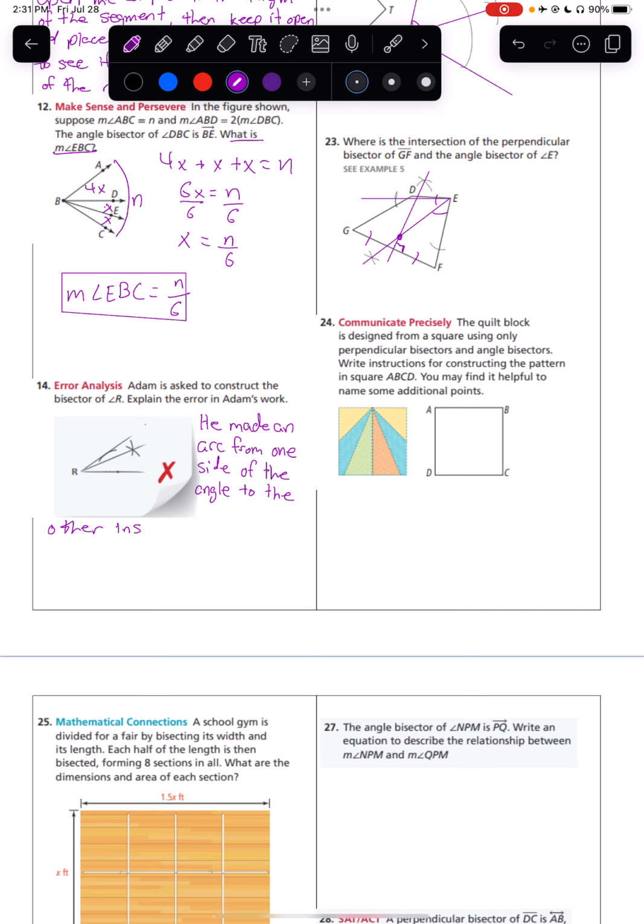So instead of putting the compass point on capital R and making an arc through both sides of the angle. All right.